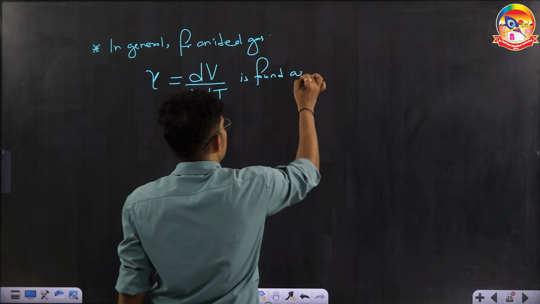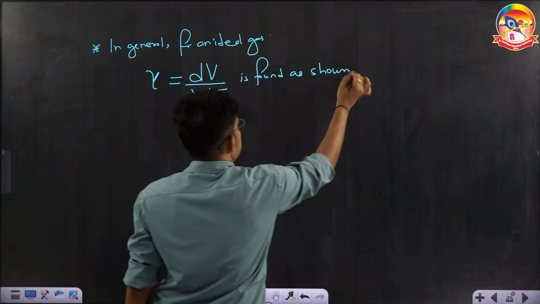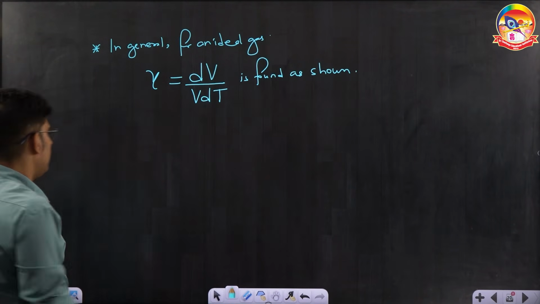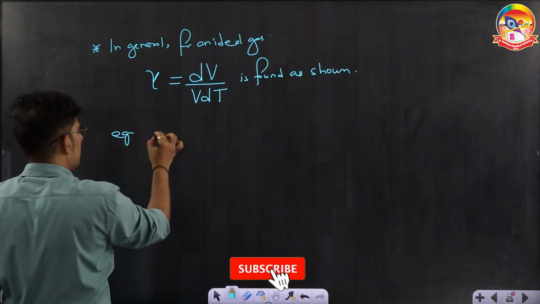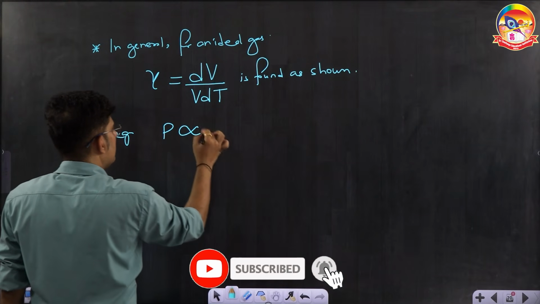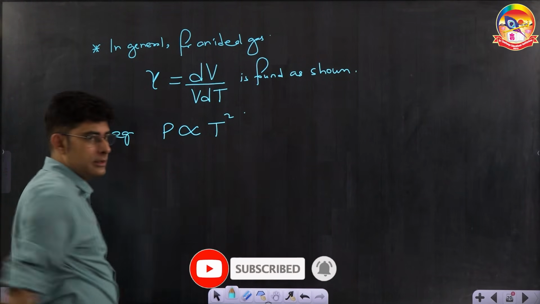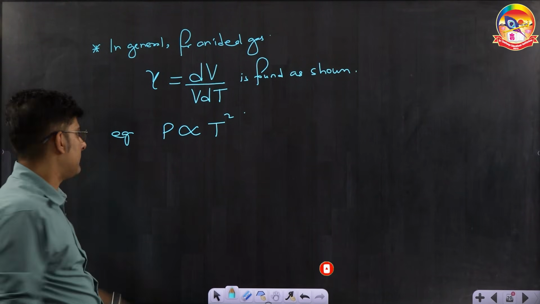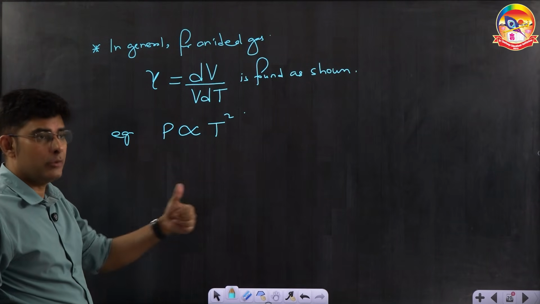They will give you a process example. They give you a process where P is directly proportional to T square. This is a process given for ideal gas. You have to find dV by V dt. So how we find this?